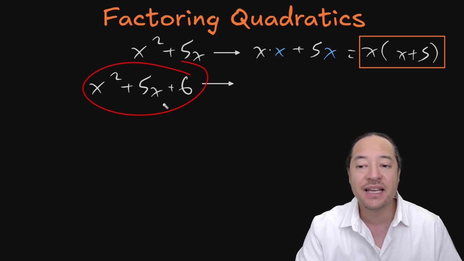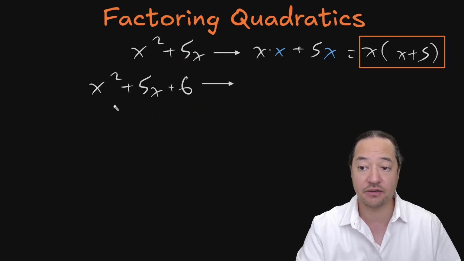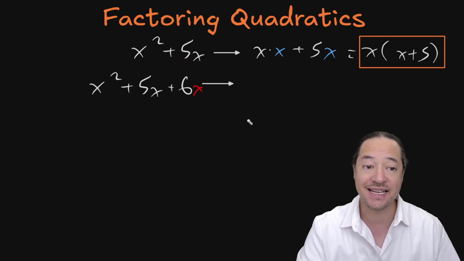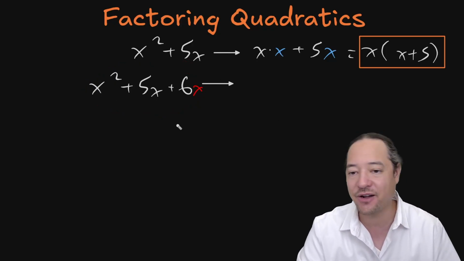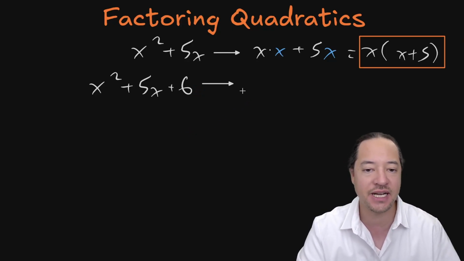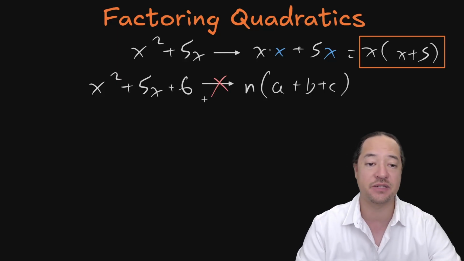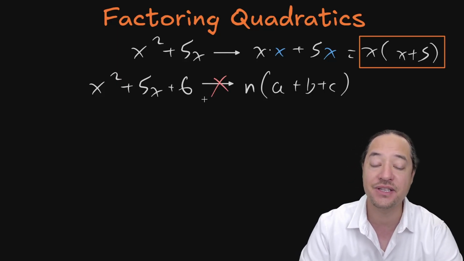Well, the problem is there's no single common factor here. There's no x in the 6, and so I can't factor that out. I'm kind of stuck. It seems like this is impossible, and I cannot factor this expression.